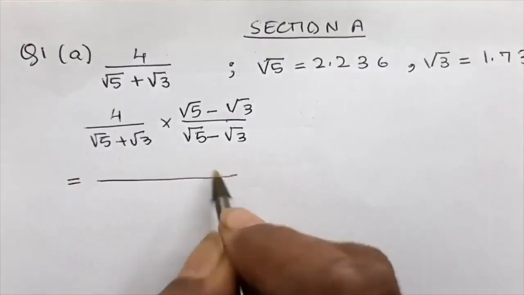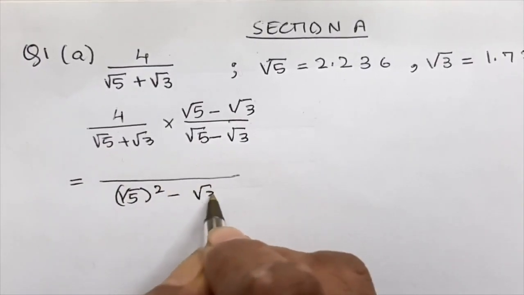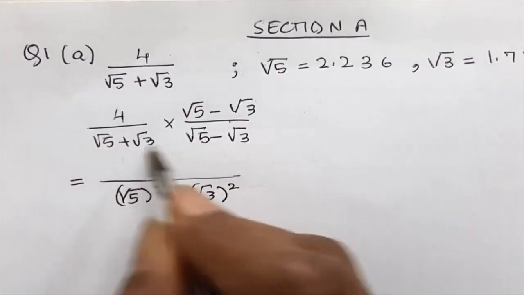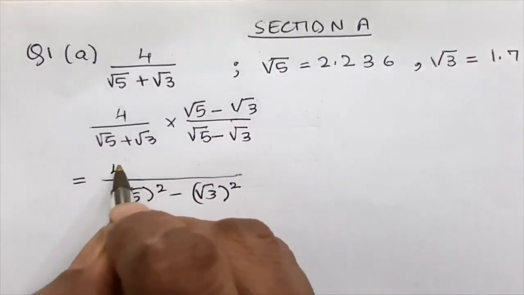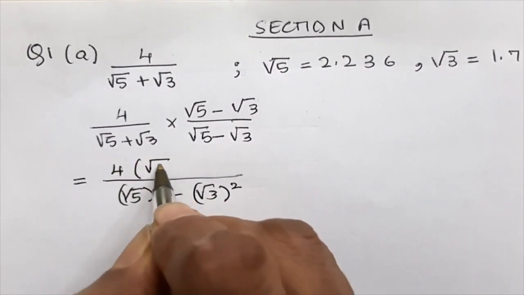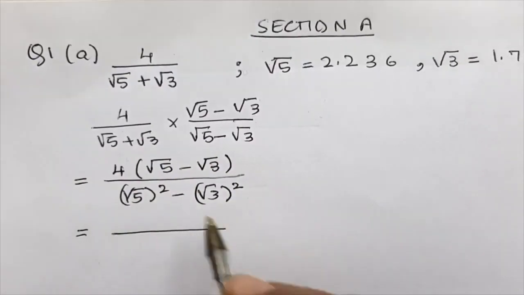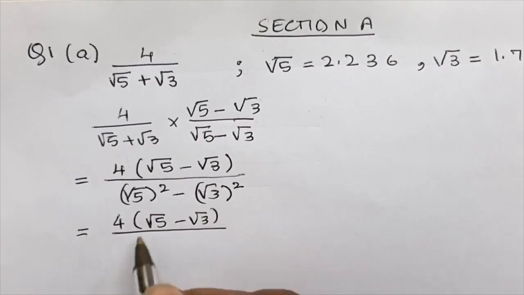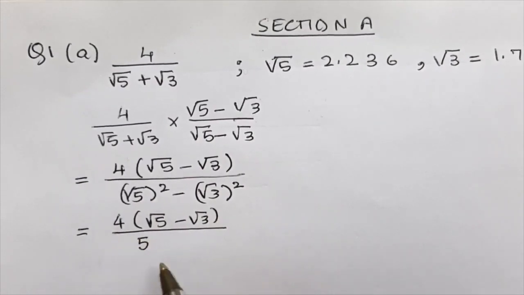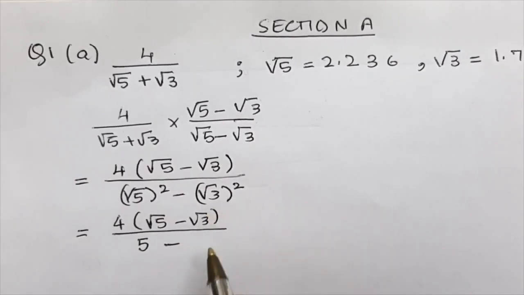That will give us in the denominator root 5 whole square minus root 3 whole square, because we are using a plus b into a minus b equal to a square minus b square, and in the numerator we have 4 into root 5 minus root 3. We now simplify it as 4 into root 5 minus root 3 upon root 5 whole square is 5, root 5 into root 5, minus root 3 whole square is root 3 into root 3, which is 3.